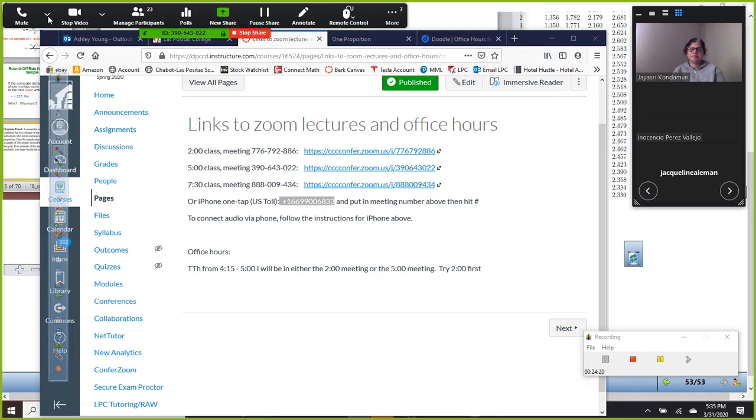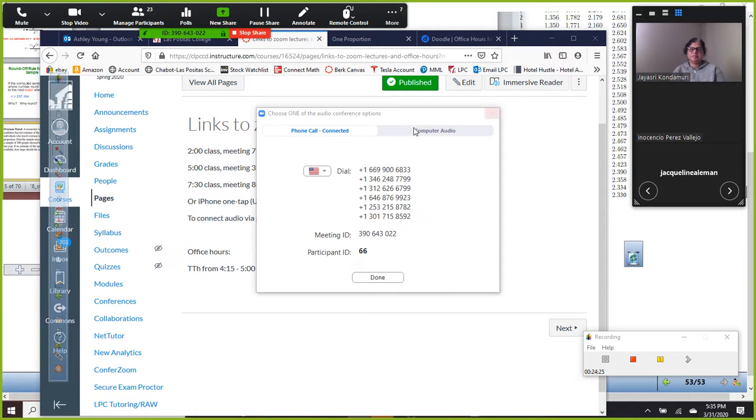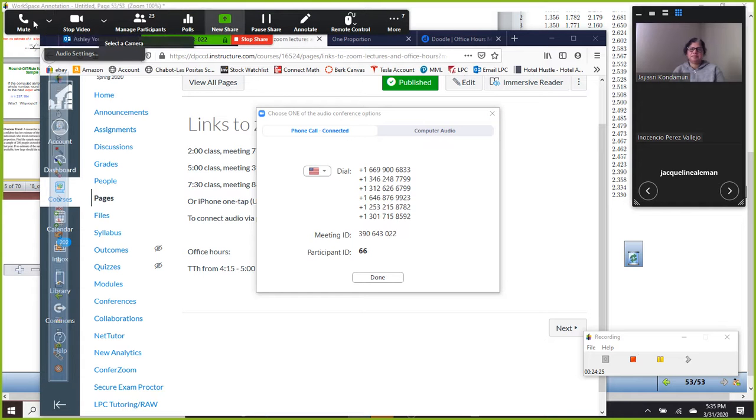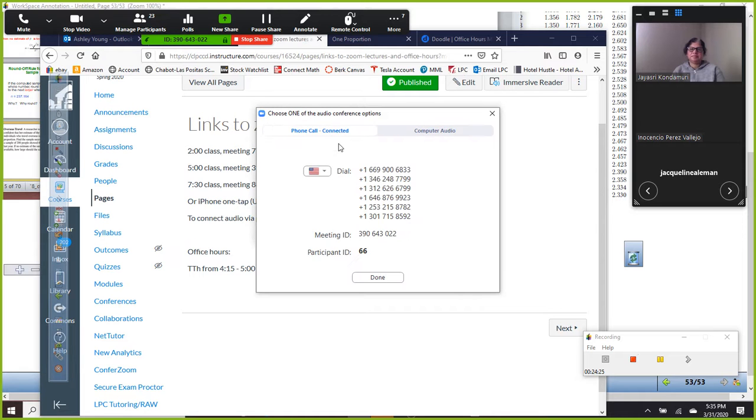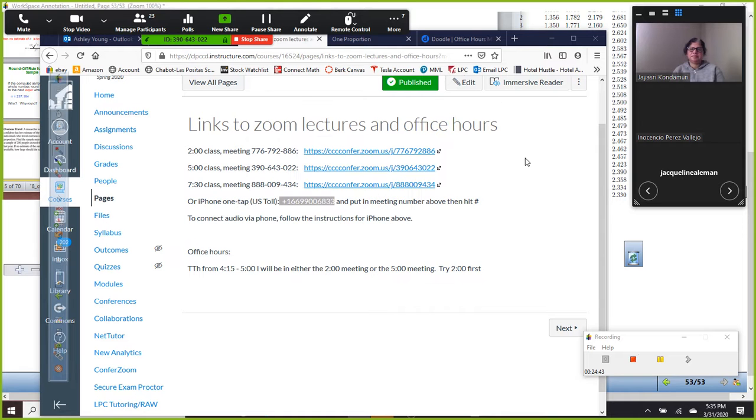If you click on this, your mute on your phone, it will give you options. Most of you are probably connected to your audio, and you can flip over and connect to your phone call instead. It makes a world of difference, so I would suggest that you all do that. Yeah, I'll try that out. Thank you. Sure.